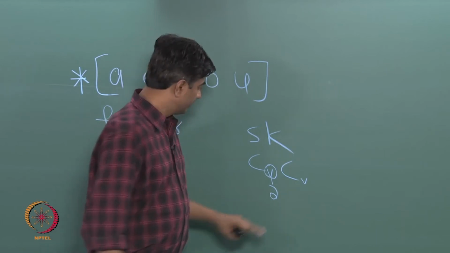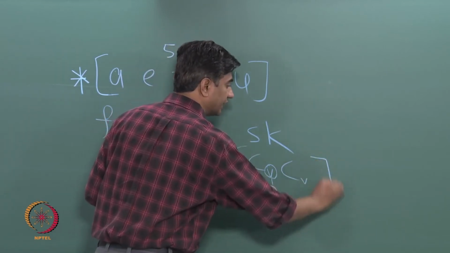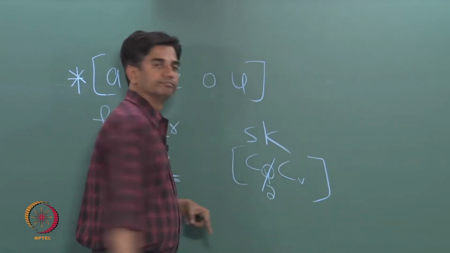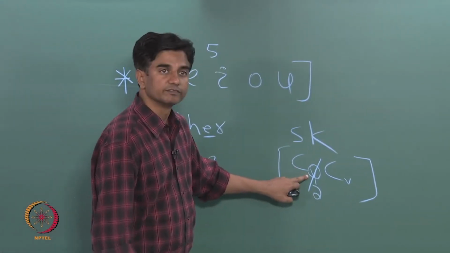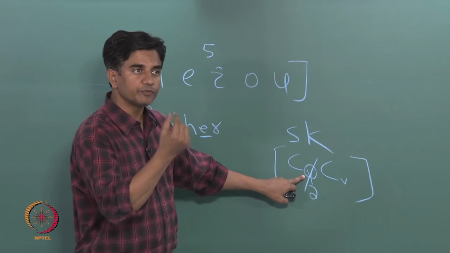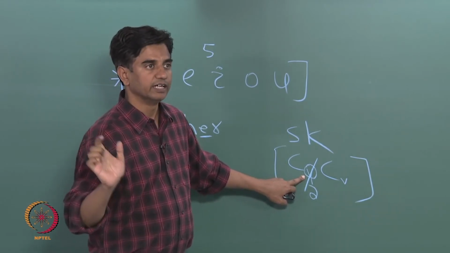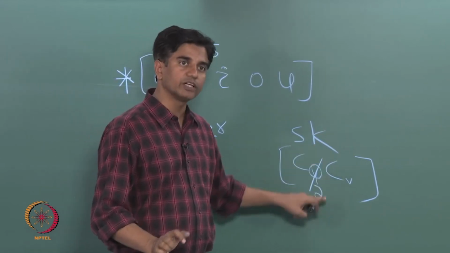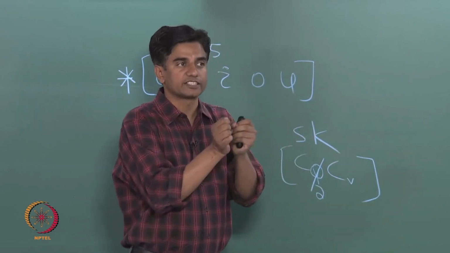So when they form a cluster of two consonants together, this one is dropped. Dropping this vowel out of an isolated sound is not possible. However, dropping of this inbuilt vowel quality out of a sound is possible when it forms a cluster with another sound.